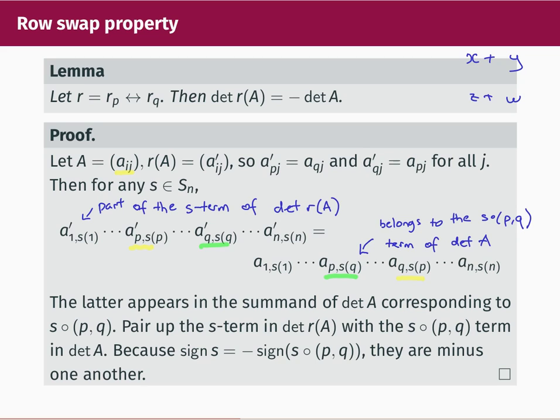It's got one extra transposition. But apart from that, they're equal. So this gives us a way to pair up terms in the two determinants such that the two terms that we pair up are opposite in sign, and therefore the two determinants are minus one another.